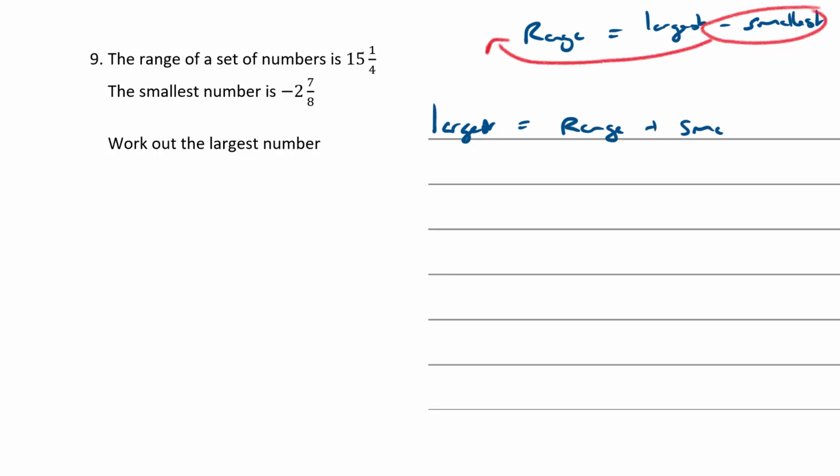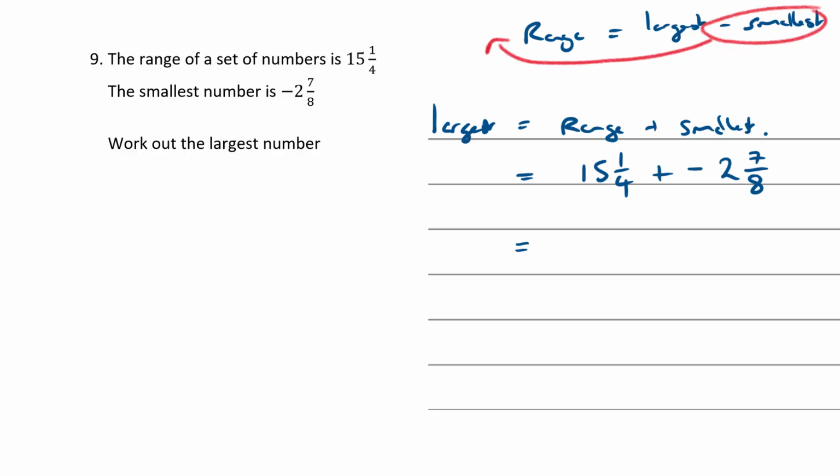So I'm going to find it by adding my two fractions together. So in this case, it's going to be my range, which is 15 1/4, plus my -2 7/8. And now adding a negative is the same thing as taking away. So that is the same thing as those two things subtracted from each other.